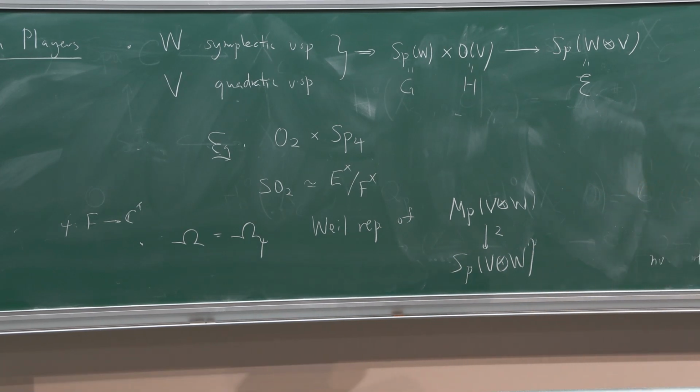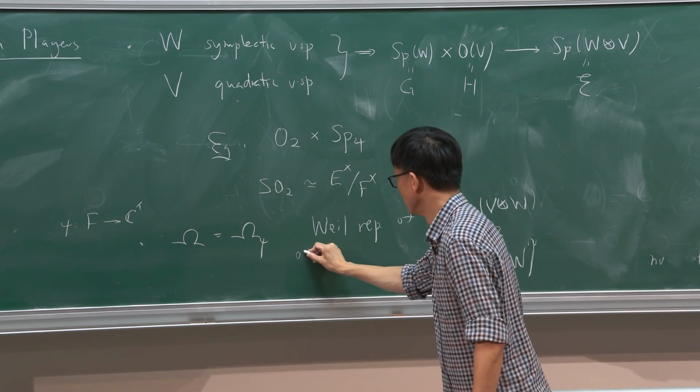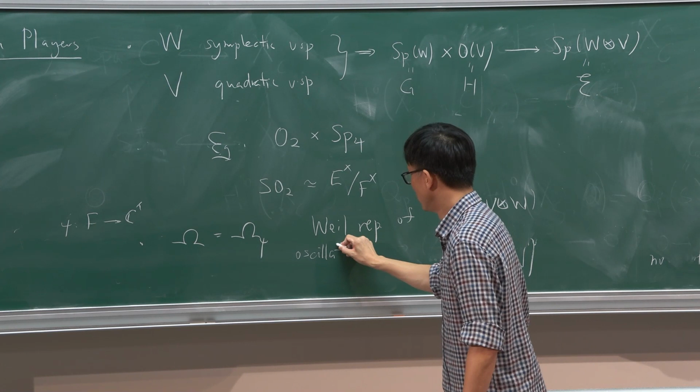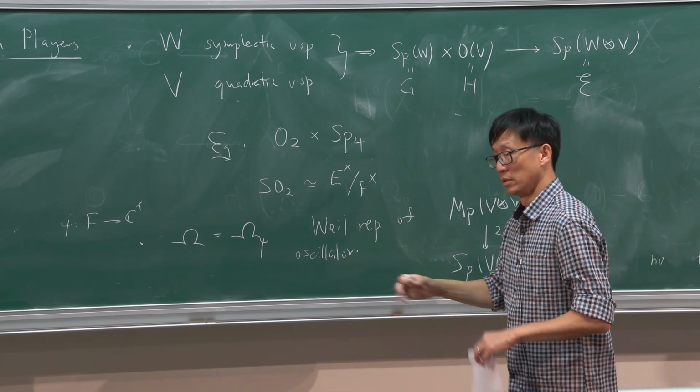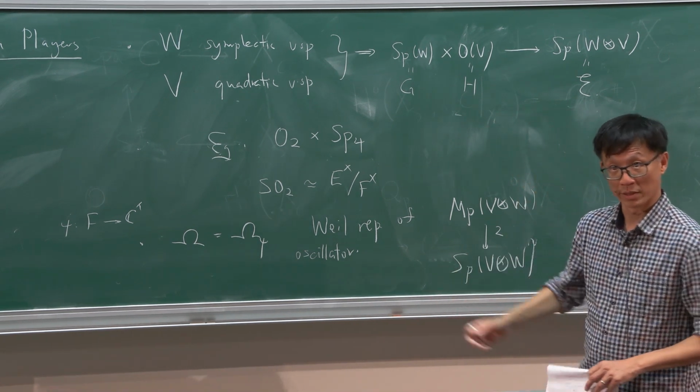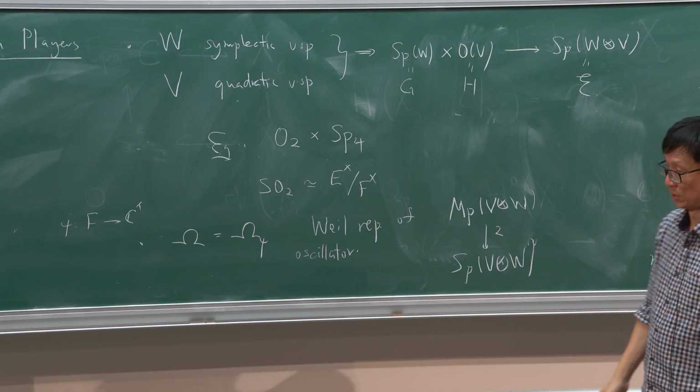So one point of view of this Weil representation is that it is the next smallest after the trivial representation. Another way to think of it, and the name Roger Howe likes, is the oscillator representation. Why? Because it is a representation that arises naturally in quantum mechanics from the analysis of the quantum harmonic oscillator.